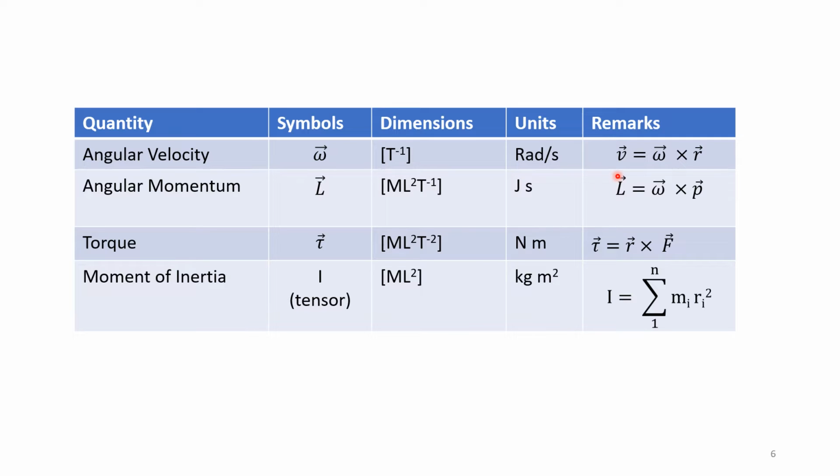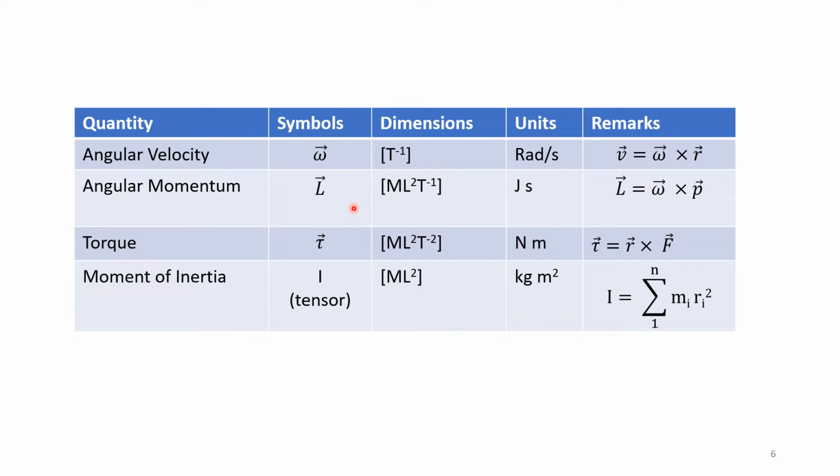Its relationship with linear velocity v is v = omega cross r, that is the cross product or a vector product.